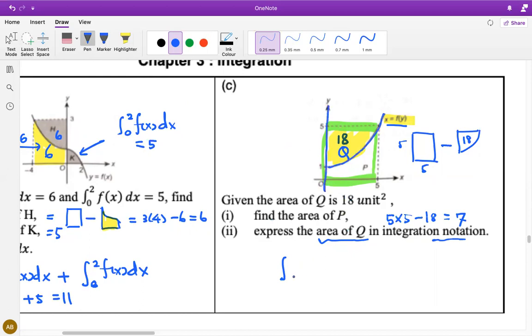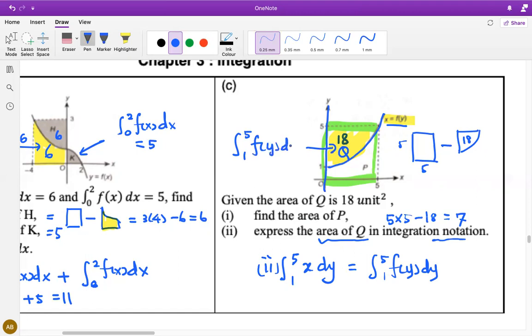Okay, so therefore if we integrate from 1 to 5, x dy, or from 1 to 5, f(y) dy. That is number 2. So this part is this. So it's 1 to 5, f(y) dy.